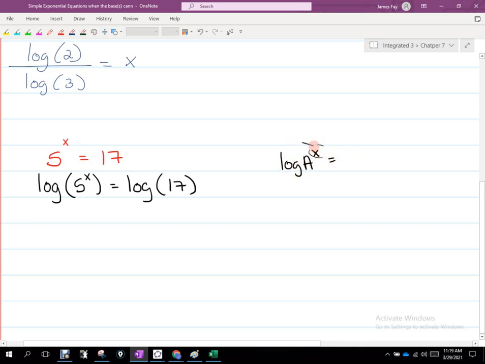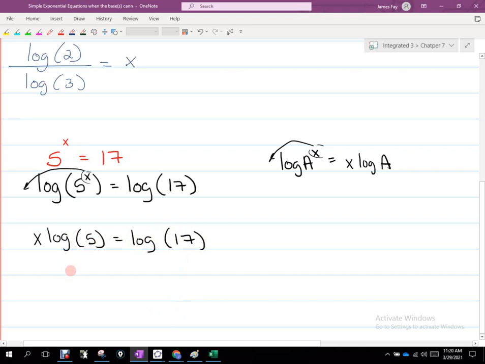We can take that x, put it out front, and say x log of a, right? So we'll take that x and move it out in front. So it becomes x log of 5 equals log 17.